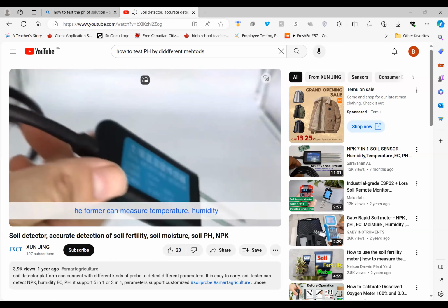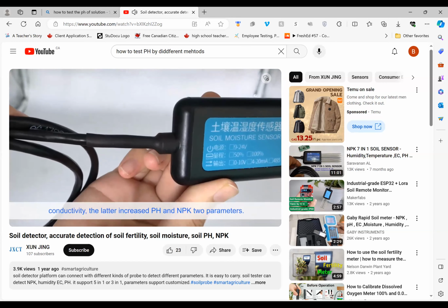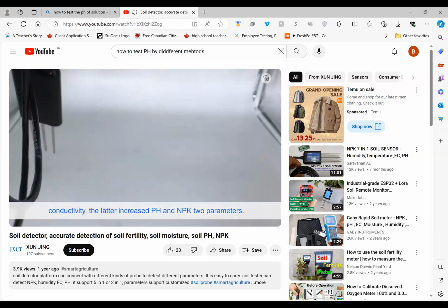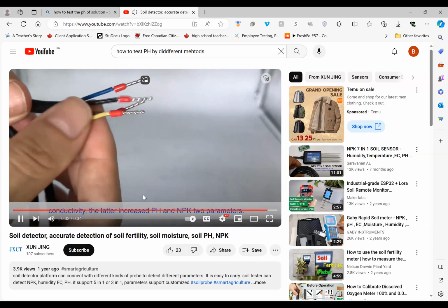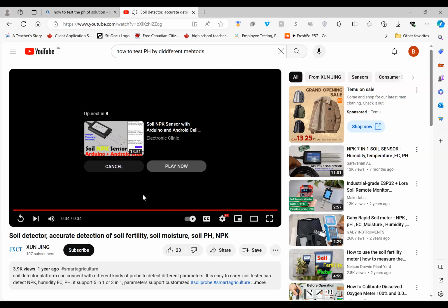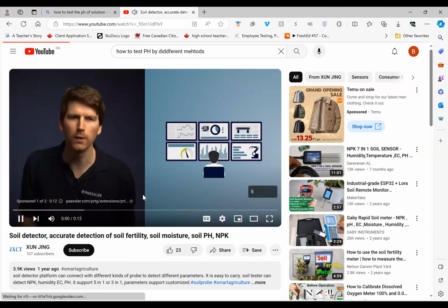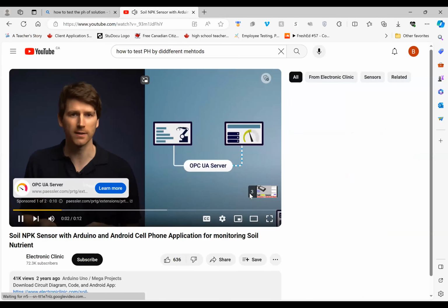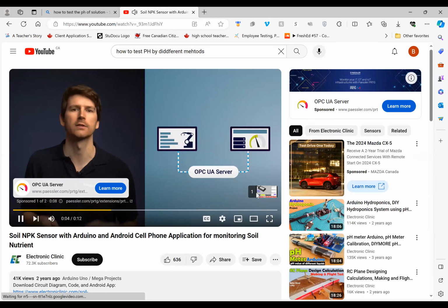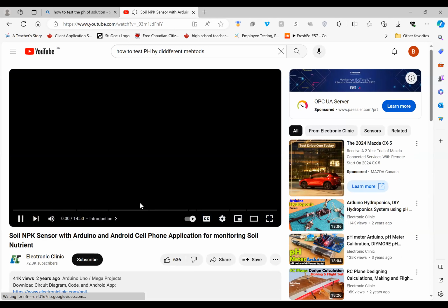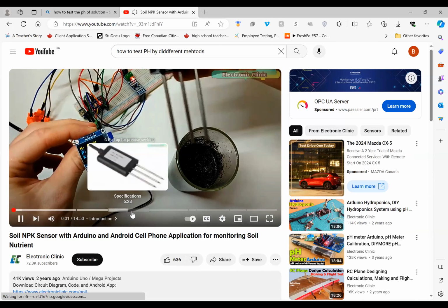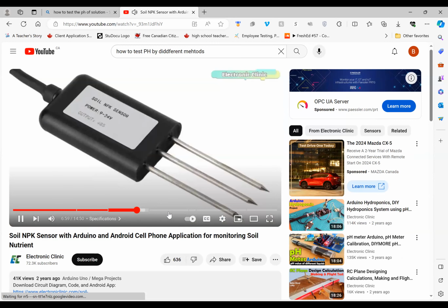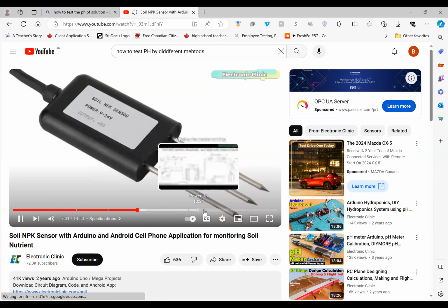The former can measure temperature, humidity, conductivity, and the later increased pH and NPK 2 parameters. If you want to push your control engineers to the next level and start with IT/OT convergence, then check out PhD. In today's episode, you will learn how to measure the board using the Modbus voltages.